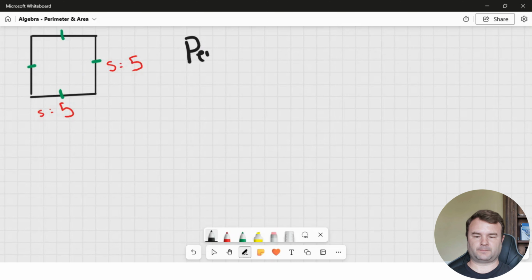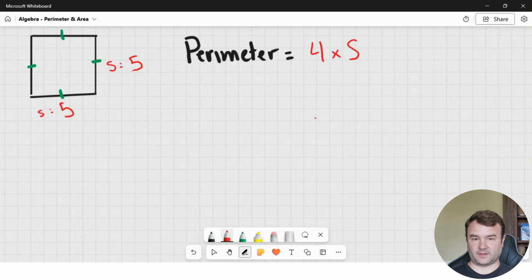So perimeter is equal to 4 times S, or 4 times the length of one side. And that is simply 4 times 5.